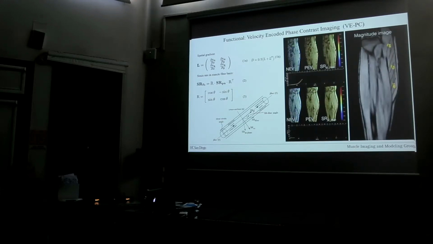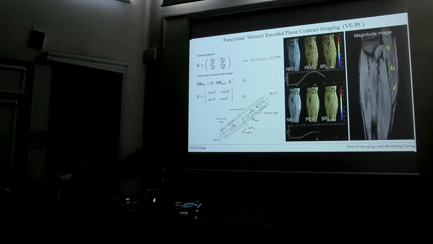Especially the shear strain is much higher than what it is in the older subjects. So though we don't have a direct correlation or proof that what we are measuring as shear strain is lateral transmission of force, at least the computational model gives us a bridge to link these two components.